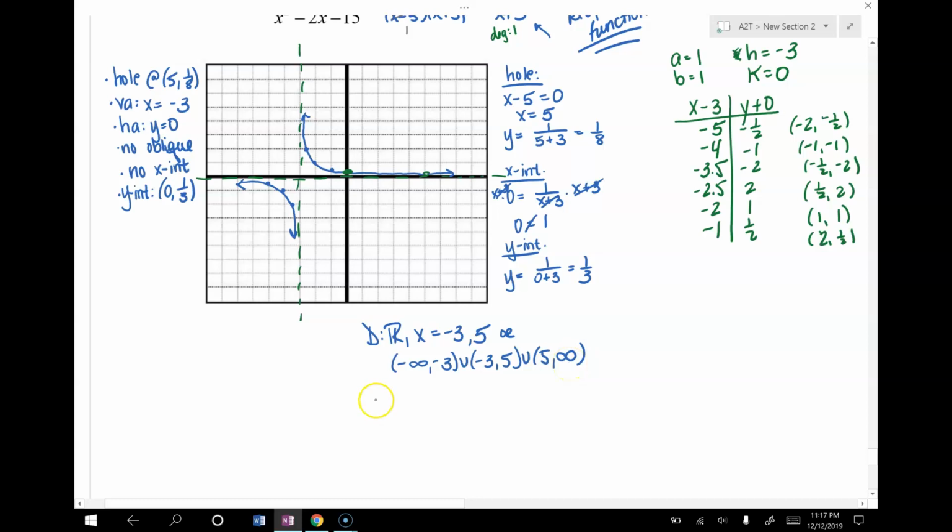Woohoo, that's a doozy, but so awesome. All right, range, we say all real numbers except y can't equal 0 and 1/8, because again, that's where our discontinuity lies. That's where that hole is, okay? Or you can say -∞ to 0 union 0 to 1/8 union 1/8 to infinity.